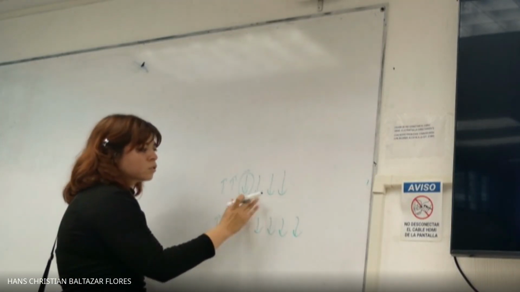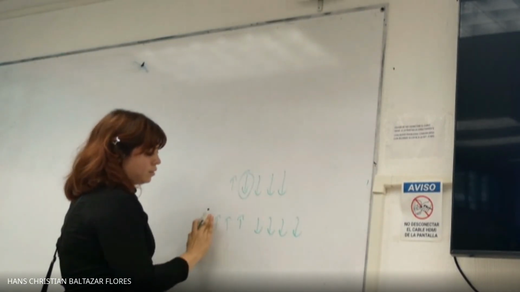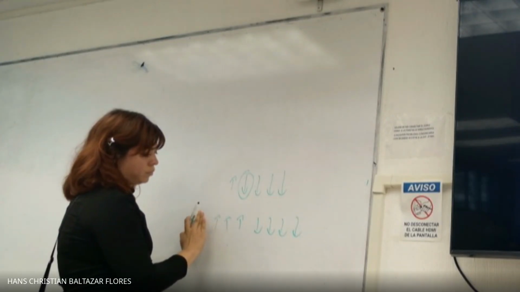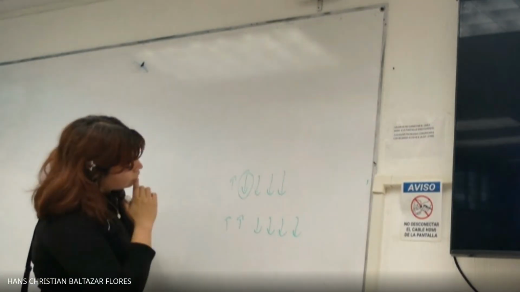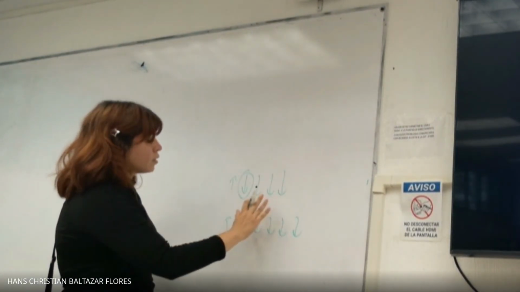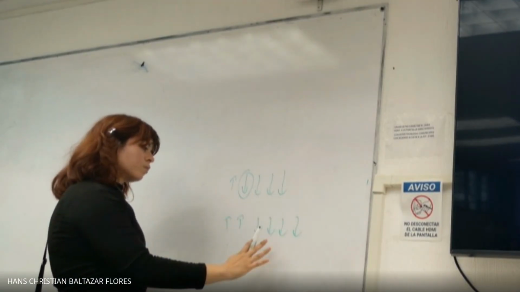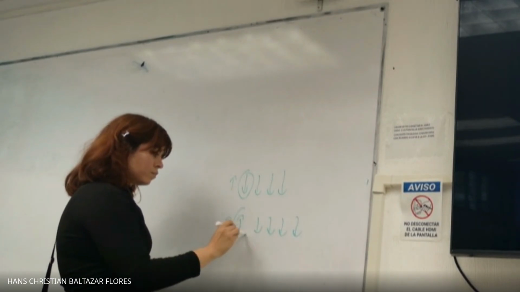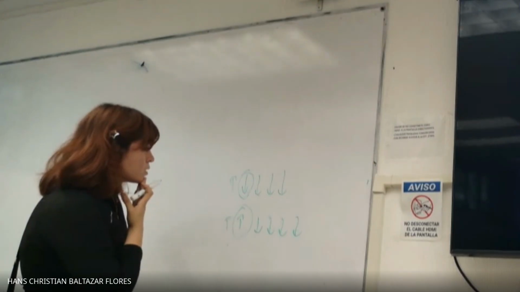Like this spin is supported by 3 spins down, very simple, and here it will be supported by 4 spins down.